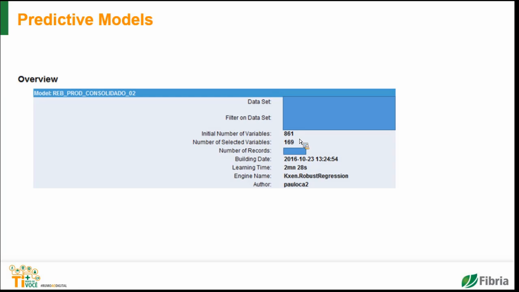That's a lot, with a lot of rows. So the Predictive Analytics selected 169 variables, taking off a lot of variables that don't need to be considered. And with a lot of effort that here we cannot see, and this is done in 2 minutes.